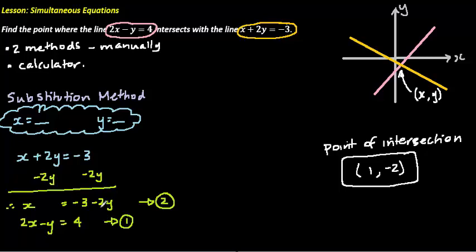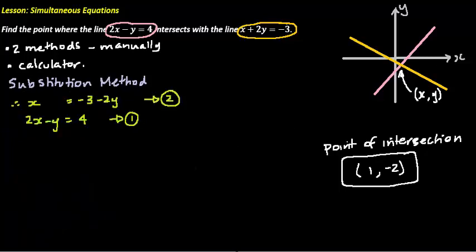Now, once I've got these two equations, wherever I see x, I'm going to write negative 3 minus 2y. Let's write down exactly what I'm doing. I'm going to substitute equation 2 into equation 1.